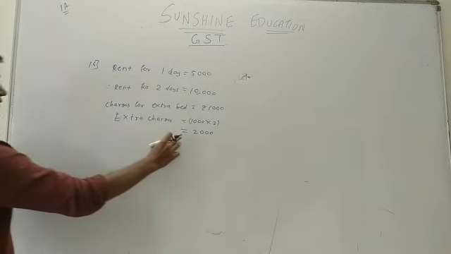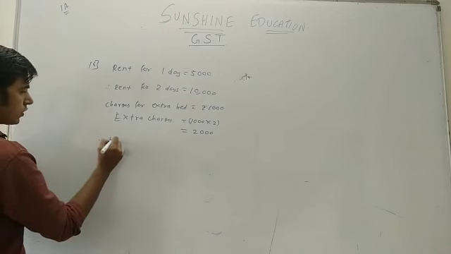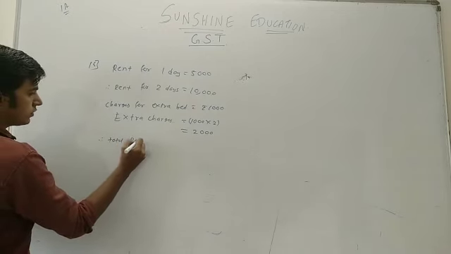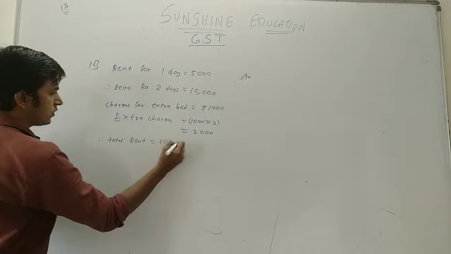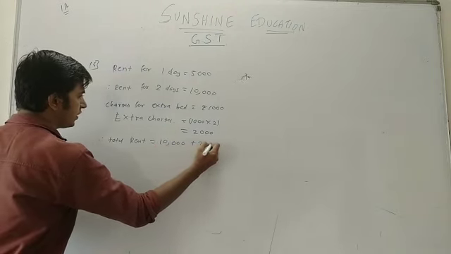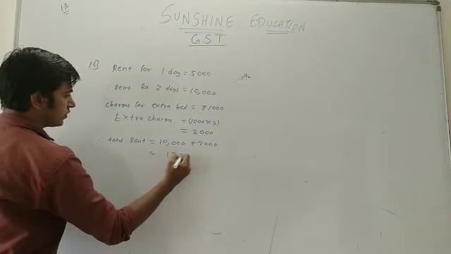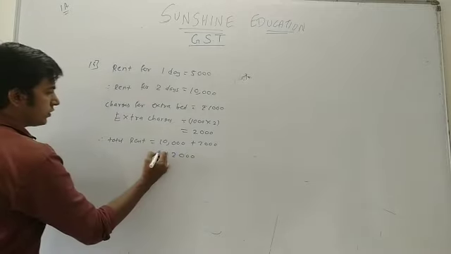Therefore, total rent will be 10,000 basic rent plus extra 2,000. It would be 12,000.